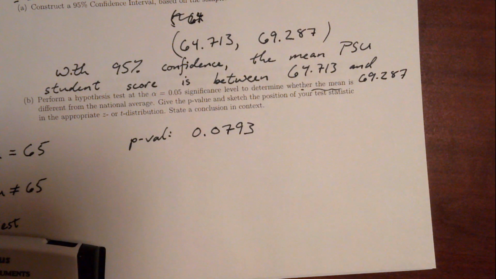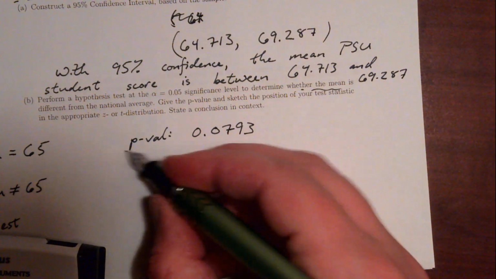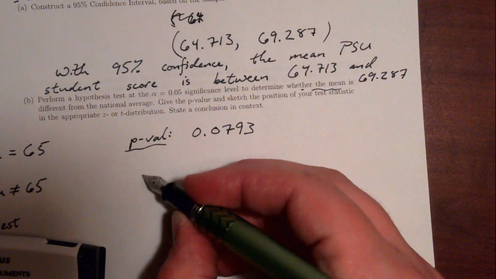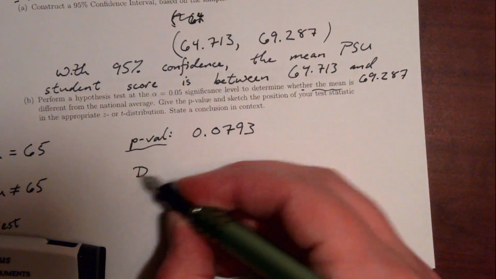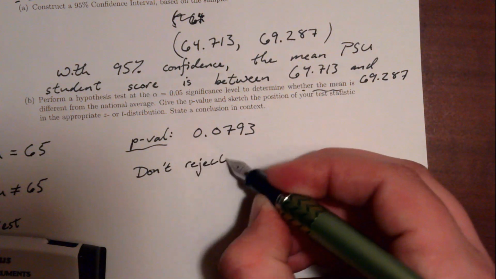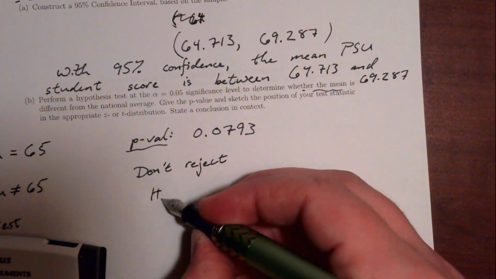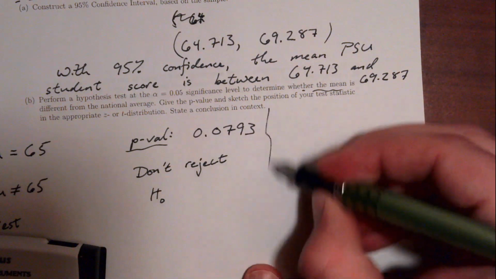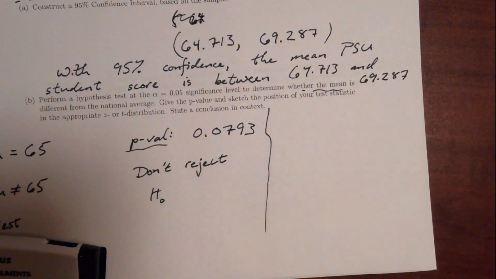This is not below that, so therefore we don't reject the null hypothesis. So what does that mean? That means that PSU students are not statistically significantly different from the national average based on this little sample.